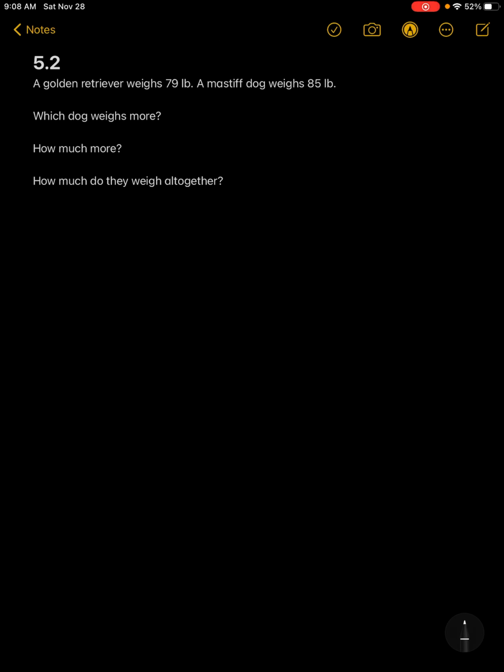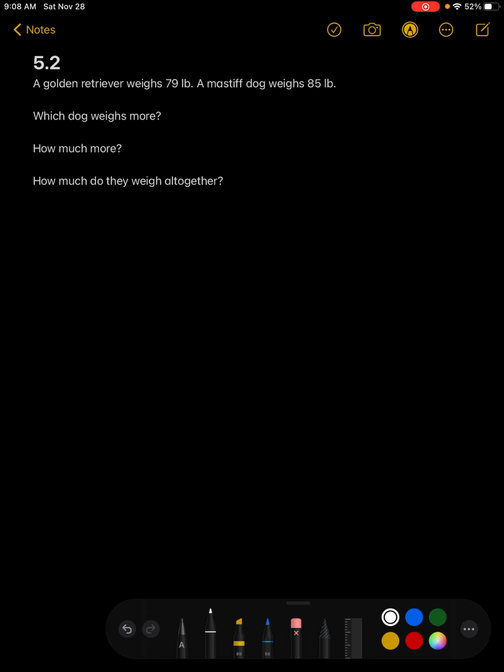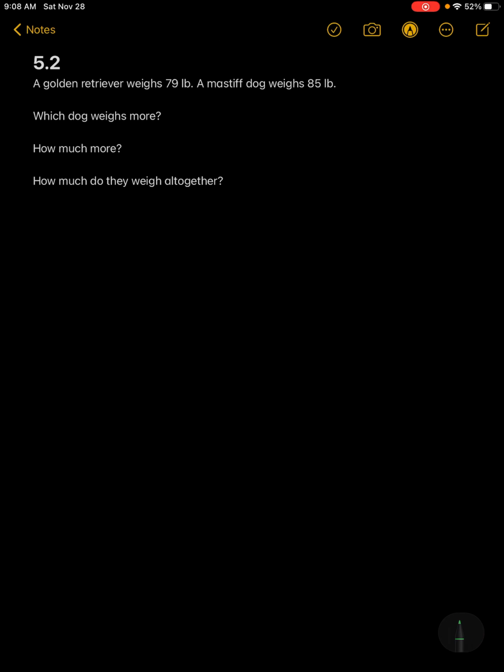If we were looking at this, we could say that there are two different parts of this bar model that are represented, one for the golden retriever and one for the mastiff. So let's go ahead and draw that. We start at the beginning of the problem, and we can see that the golden retriever is mentioned first.